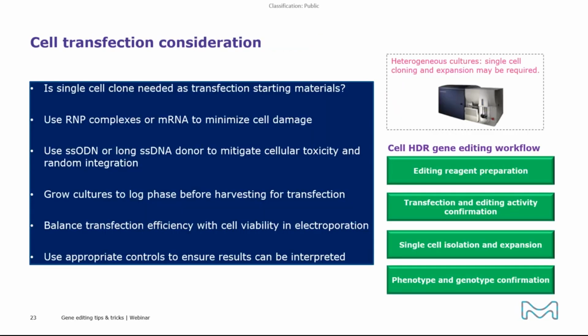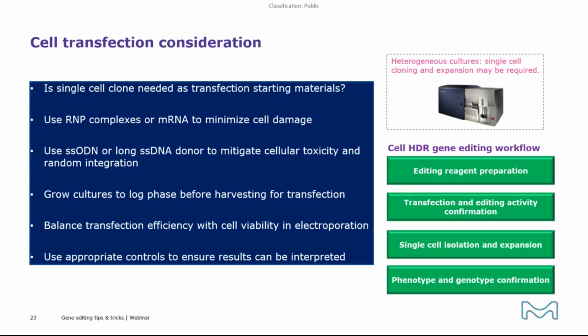Cell transfection is a key step in a gene editing experiment and needs to be carefully planned. First, you need to consider whether it is necessary to grow a single-cell clone as starting materials for editing, because some immortalized cell lines are highly heterogeneous.